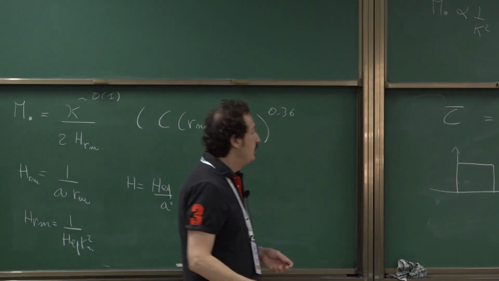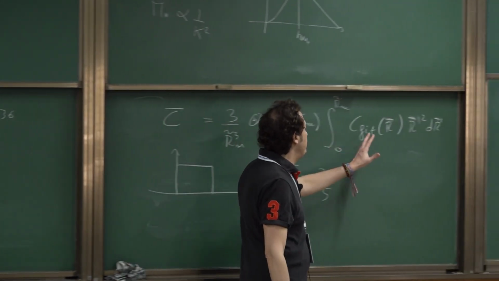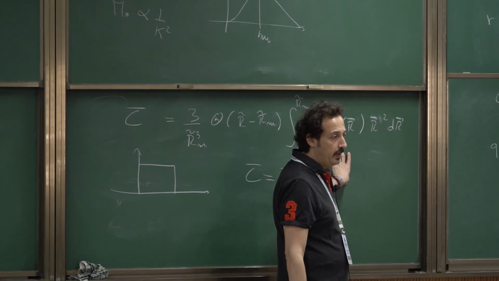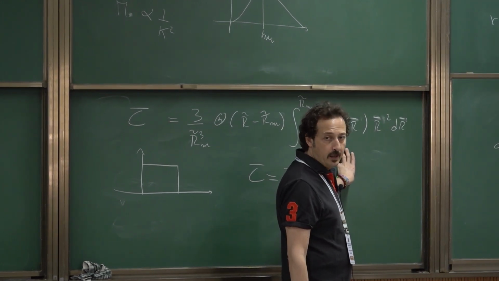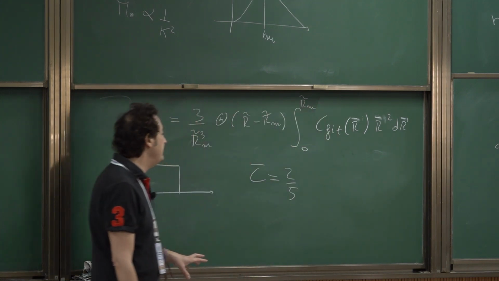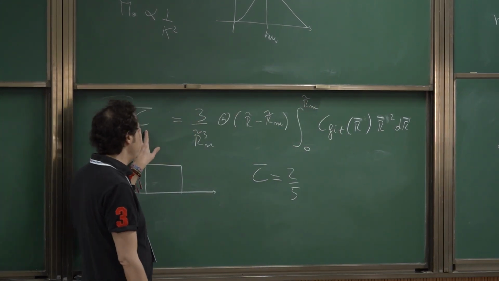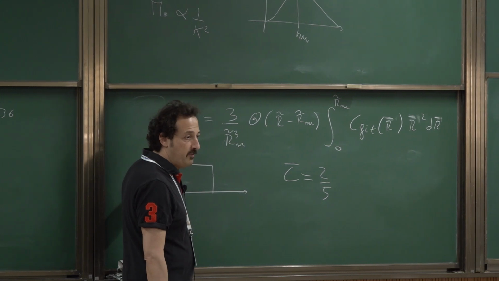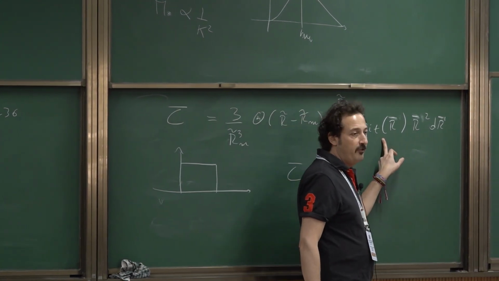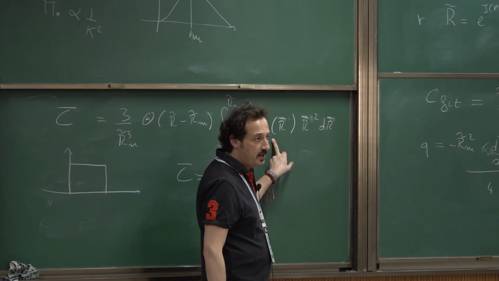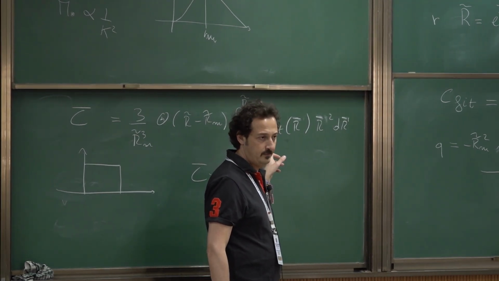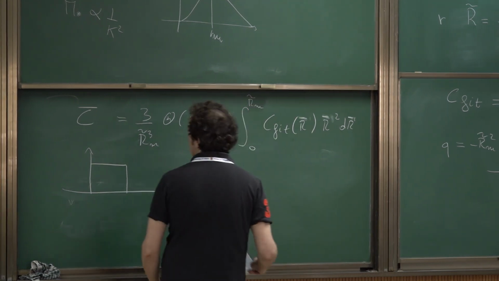So now, as you see, I erased all the information about the shape of our compaction function. So I know that the threshold for the mean value is 2/5. How do I get the threshold for my actual compaction function, which is not the average one? Well, I simply invert this integral.